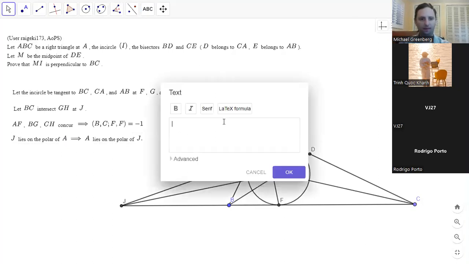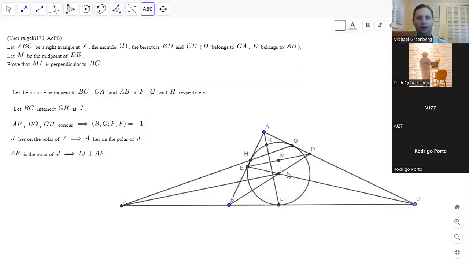So, might as well put this all in one. We have IJ is perpendicular to AF. And that means that I'm going to also show that ED is perpendicular to AF.